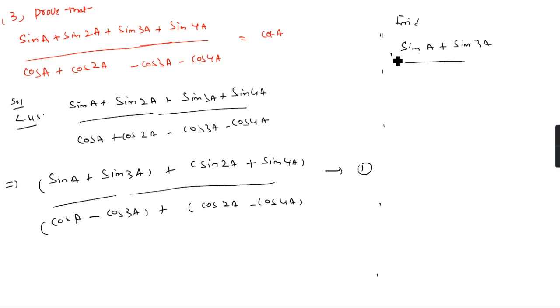Second one, sin 2A plus sin 4A. And third one, cos A minus cos 3A. And fourth one, cos 2A minus cos 4A.